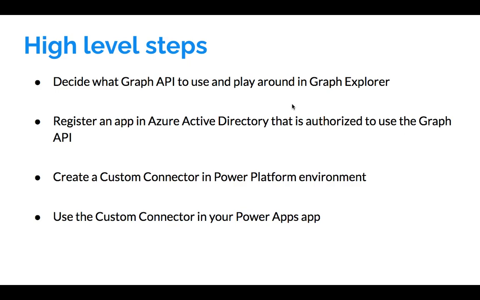That's why you have to register that app in Active Directory, so that when we use it in the Power Apps platform, the authentication mechanism will be OAuth. It's a special type of authentication mechanism using Azure Active Directory authentication.